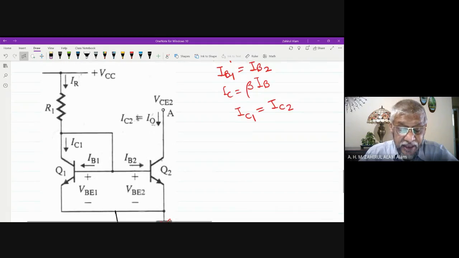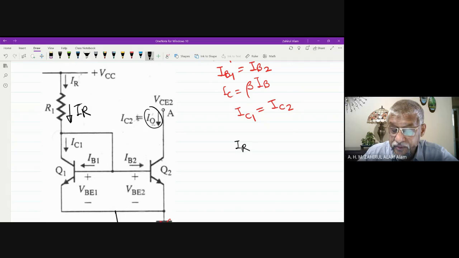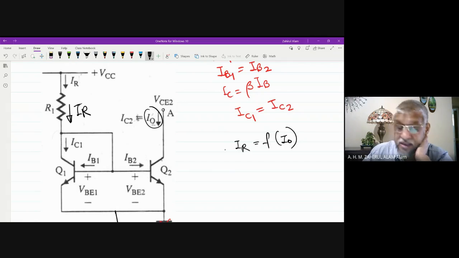Now we need to design R. That means we need to design I naught for this particular circuit. And we need to find the reference current IR, and the relation of output current. Now we need to find this relation in order to design.